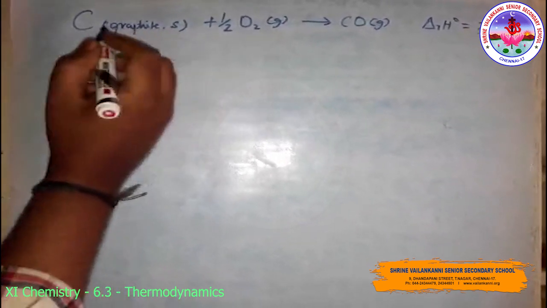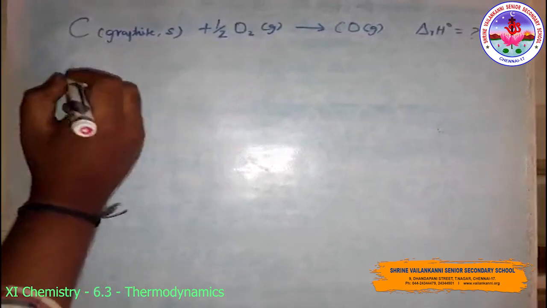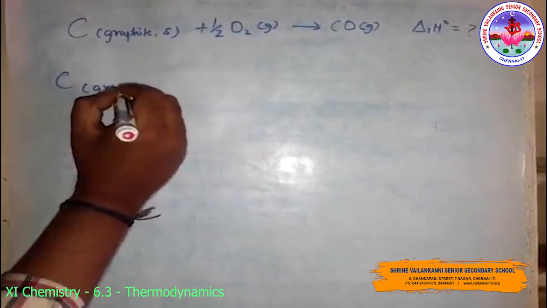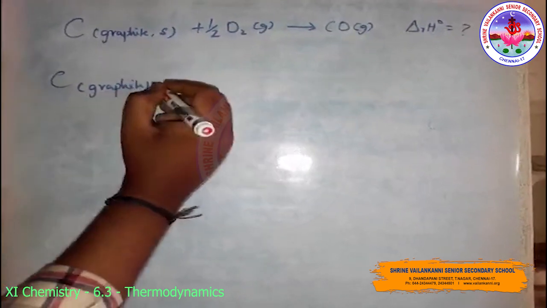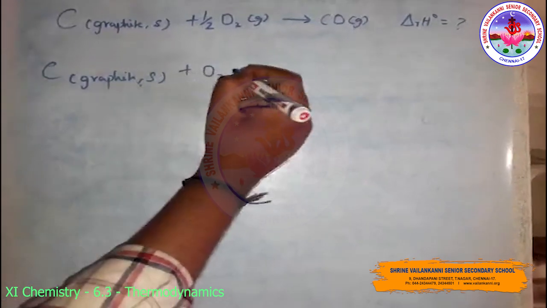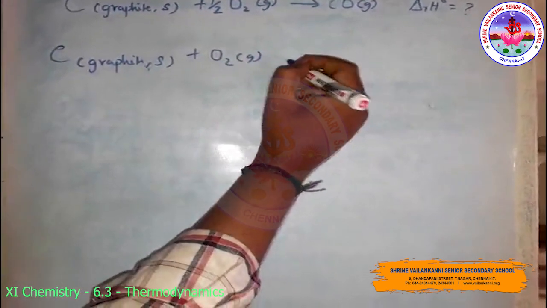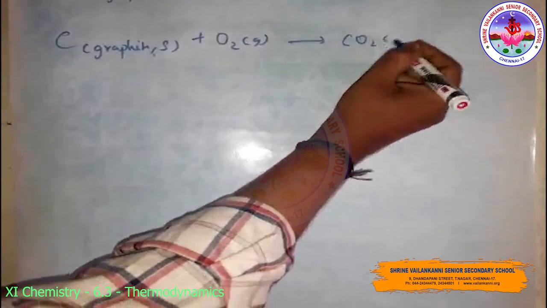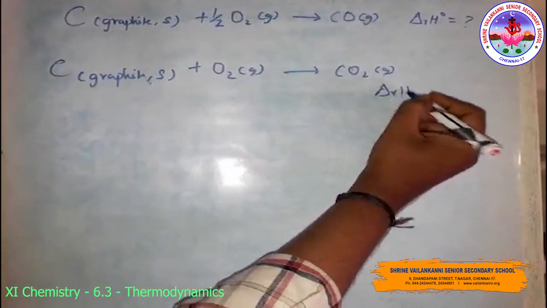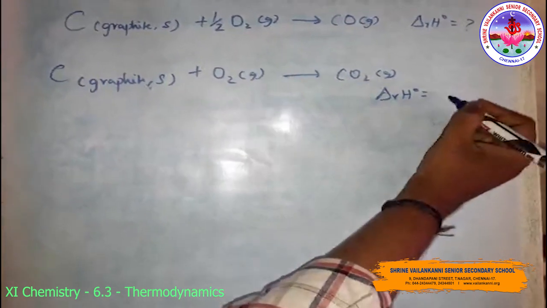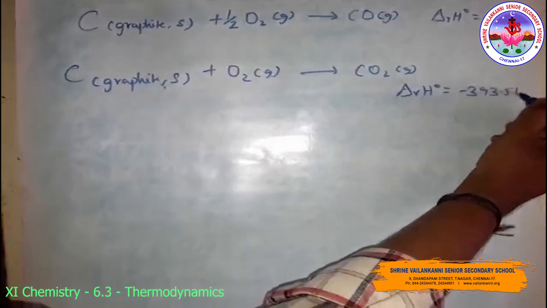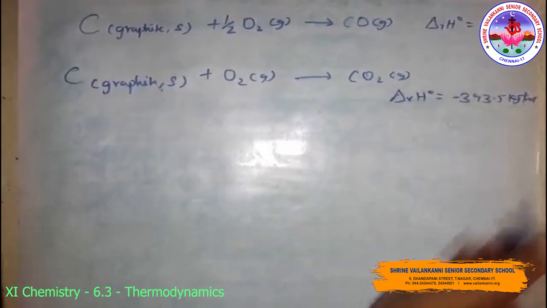Let us consider the reaction: carbon graphite solid and 1 mole of oxygen gas produce 1 mole of carbon dioxide gas. Here the standard enthalpy of reaction, from the table data, is minus 393.5 kilojoule per mole.